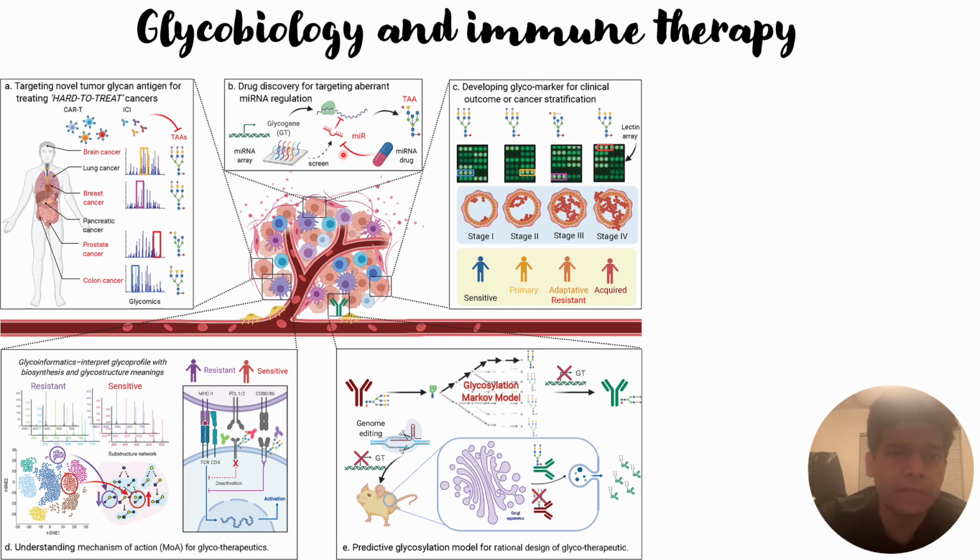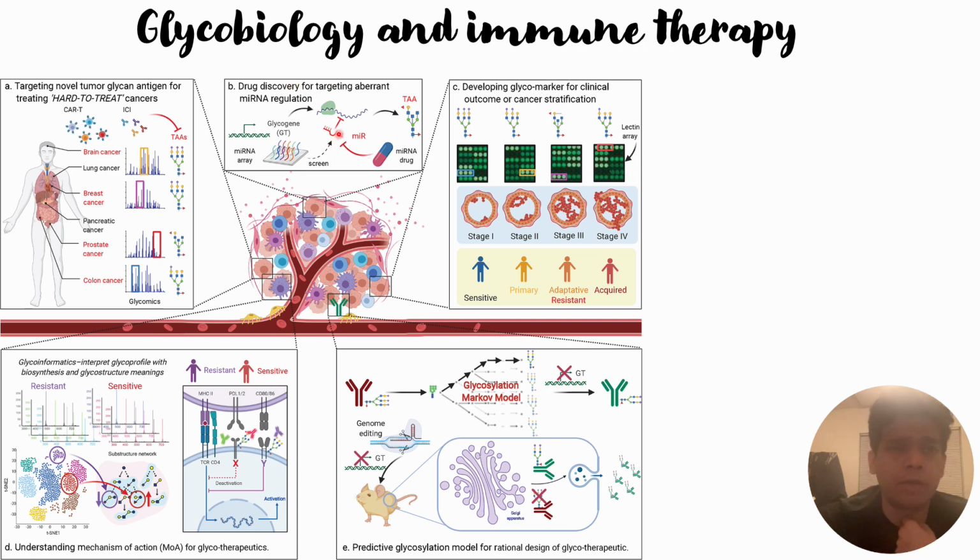So in this case, one of the approaches that people use is to first find out the microRNA that produce these kinds of glycan epitopes, and then target the drugs towards those microRNA.